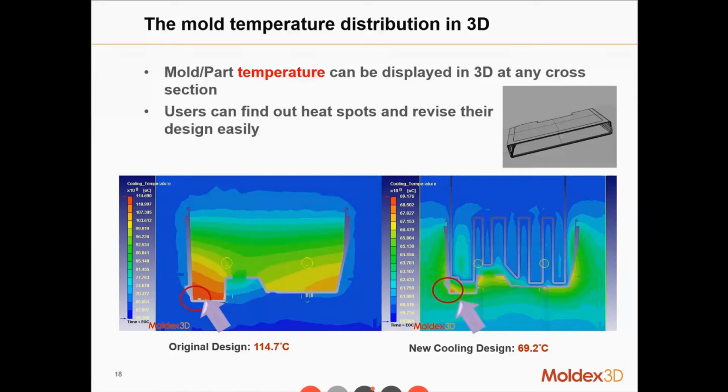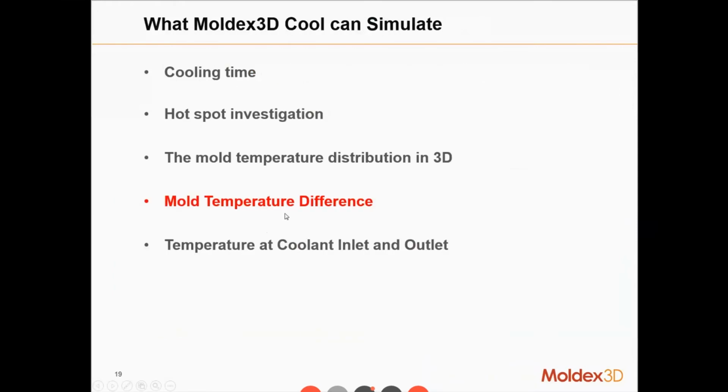Okay, to show exactly why the cooling time is heavily reduced, because now on the right side you have a new cooling channel. Most of the heat accumulation has been dissipated, has been gotten rid of. Okay, so you can easily find the so-called heat accumulation area and use this function to revise your design easily.